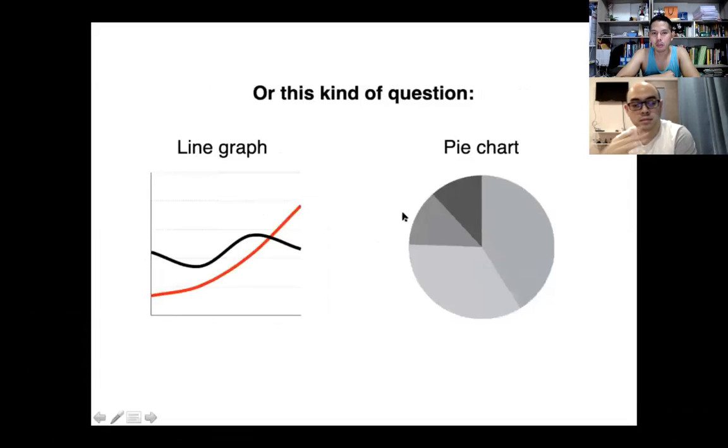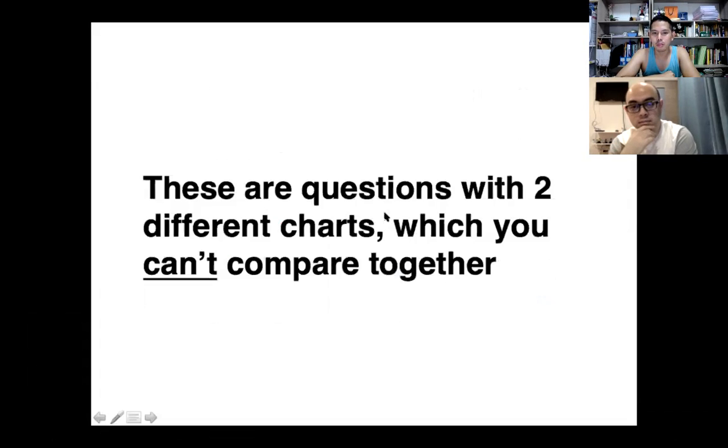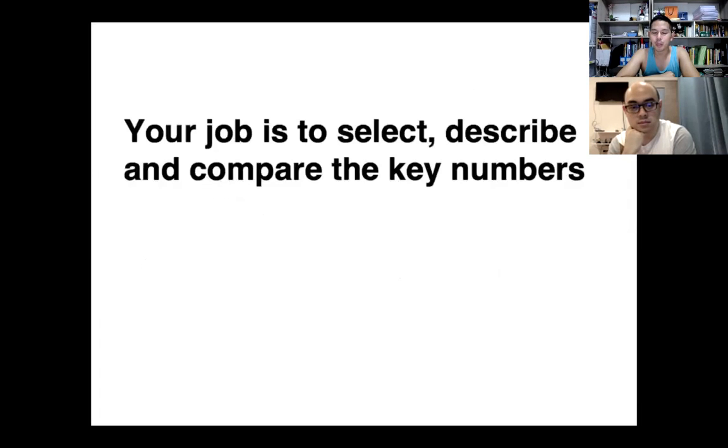Or even a table, yeah, even a table. So there are questions with 2 different charts which you can't compare together. What should you do? Say, teacher, I give up. No, don't give up. Then it's not the time to give up. Your job is to select, describe, and compare the key numbers.